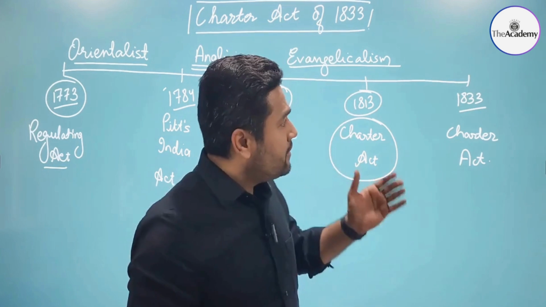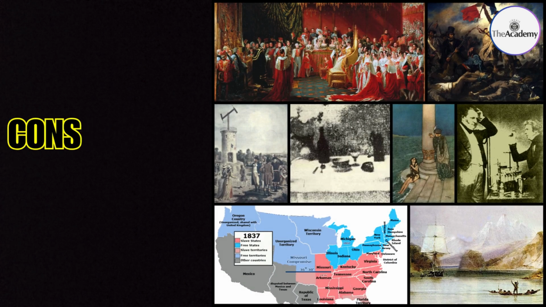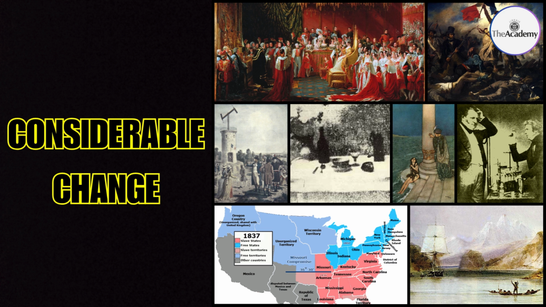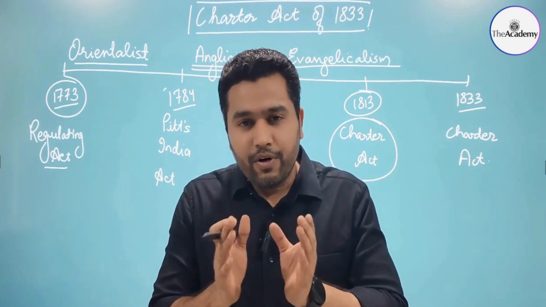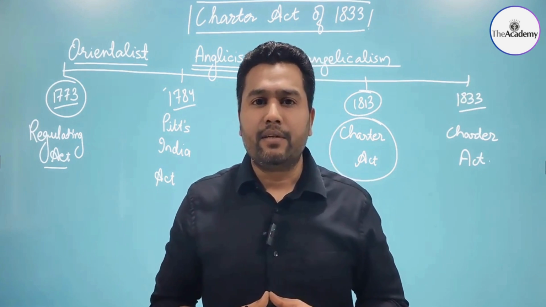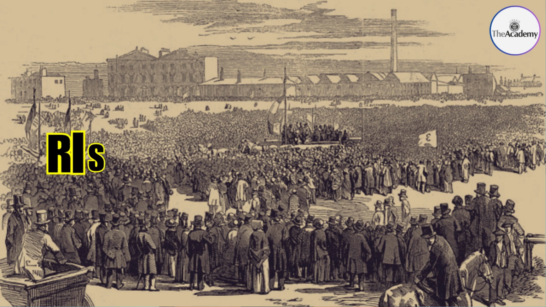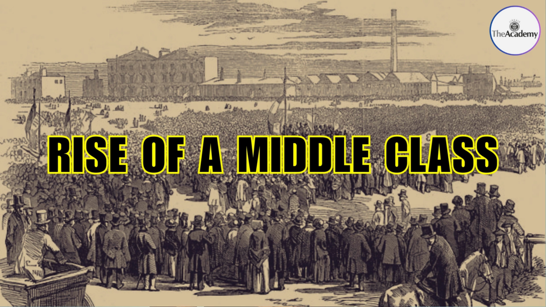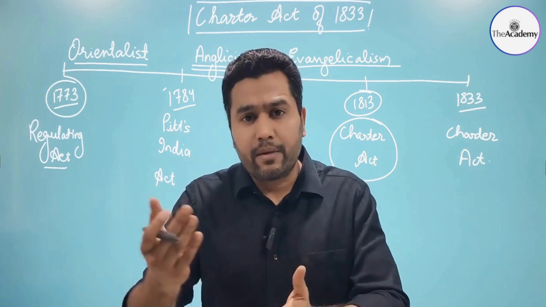By the time we move to the 1820s and 30s, we see considerable change happening in England. The Industrial Revolution, which gained firm control in the 1780s and 90s, witnessed a capitalist mode of production, rise of a middle class, which wanted a free market to exist so that they could have more access to greater markets.